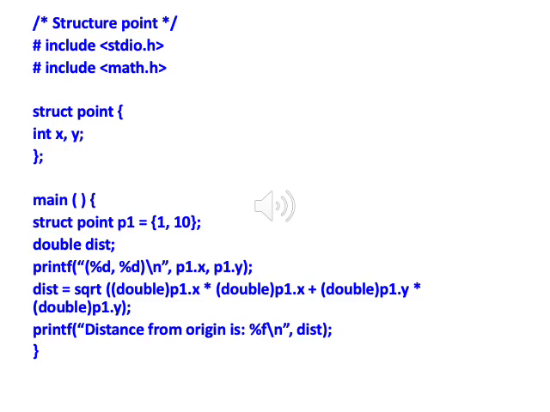So as we see from main, in the first line we are declaring a variable of the structure, which means we are declaring a specific point, and what we're doing after that is assigning values to both x and y components or x and y member variables of that point.